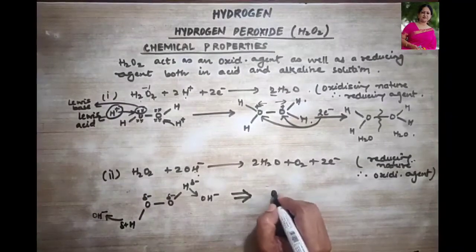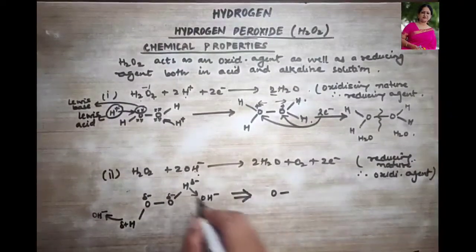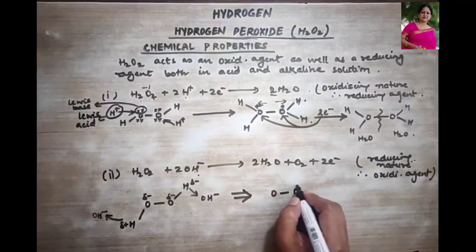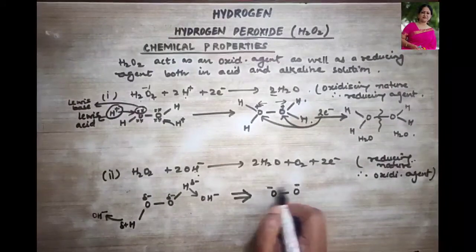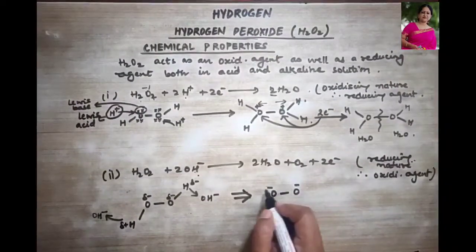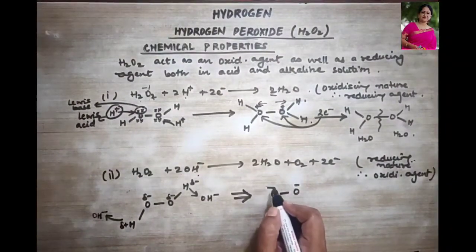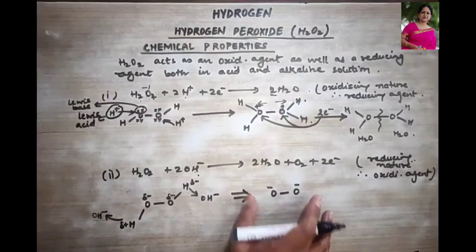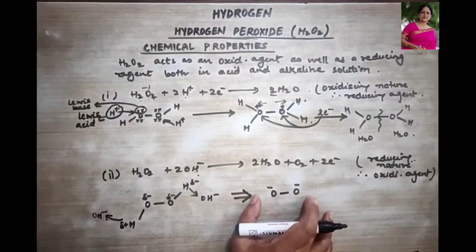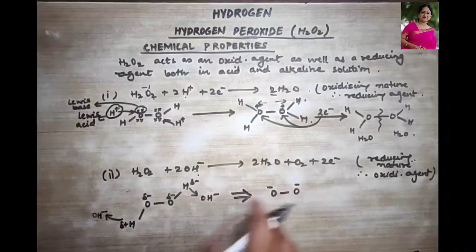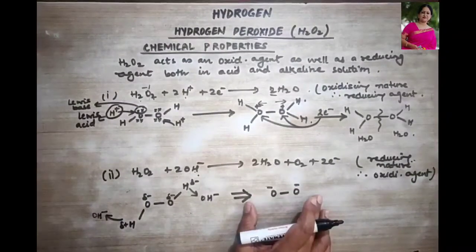We obtain again, when this hydrogen is taken away, it is going to attain negative charge over here. Followed? Now since again there is a repulsion due to like charges, therefore tremendous repulsion will take place at this peroxide ion. So in order to minimize this repulsion or to stabilize itself, what is it going to do?